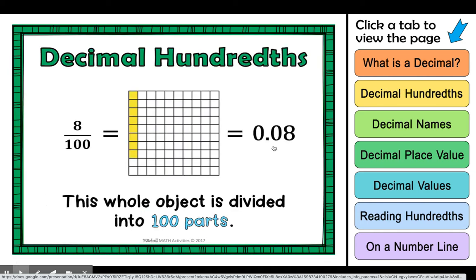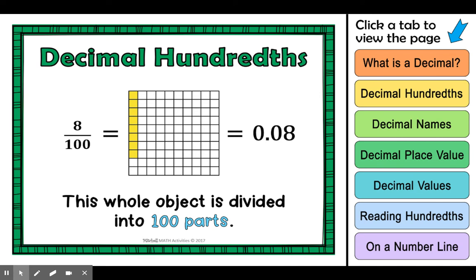Okay, here's a visual model that shows you one whole, that's the square, and it's been divided, instead of 10 equal pieces this time, into 100 equal pieces. We have 10 columns going up and down, and 10 rows going across.